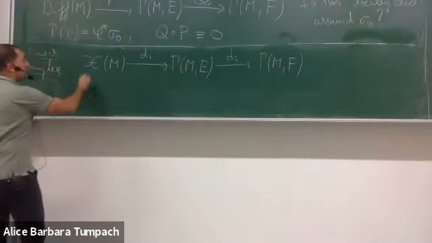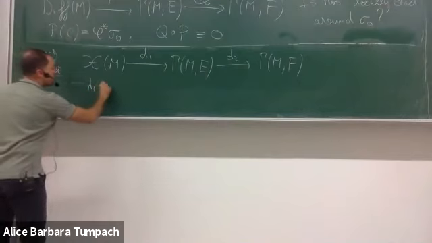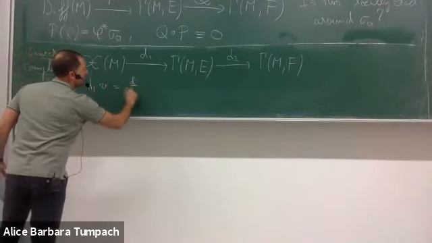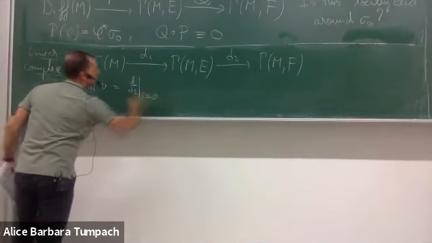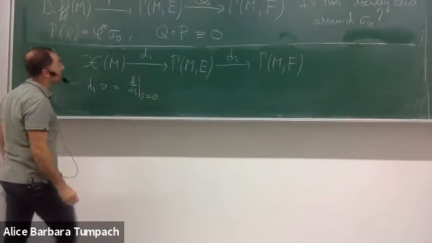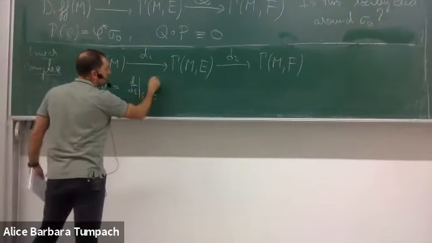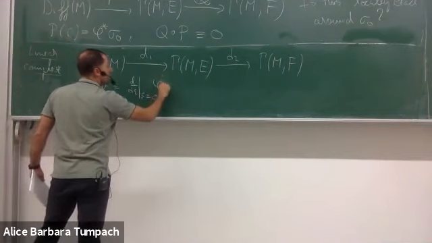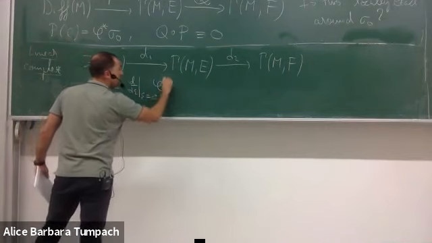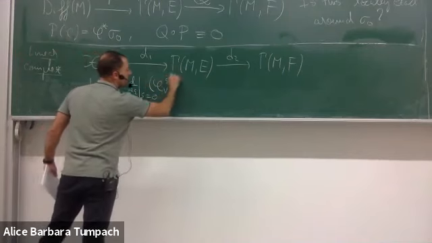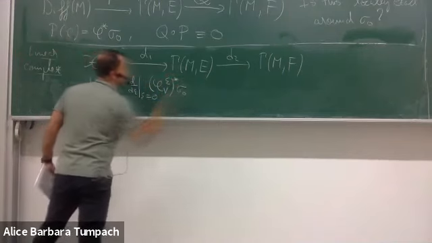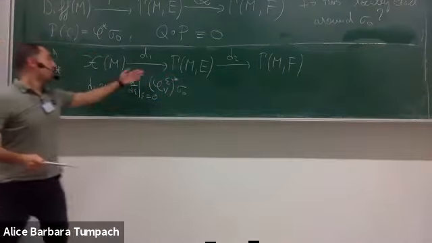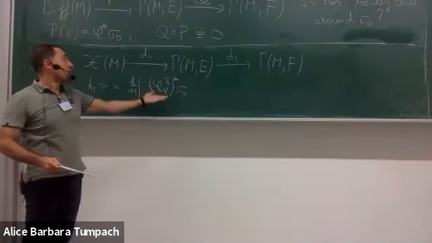So D1 of vector field V, you take d over d epsilon at epsilon equals 0 of P of the flow, right? For example, use the flow here. So the flow of V times epsilon, and you can put back sigma 0. And this will be an actual smooth path of sections.